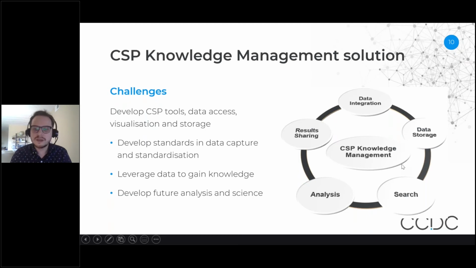So the CSP knowledge management has 5 principal components here, which work together in a virtuous circle. We have data integration, data storage, search, analysis, and results sharing.